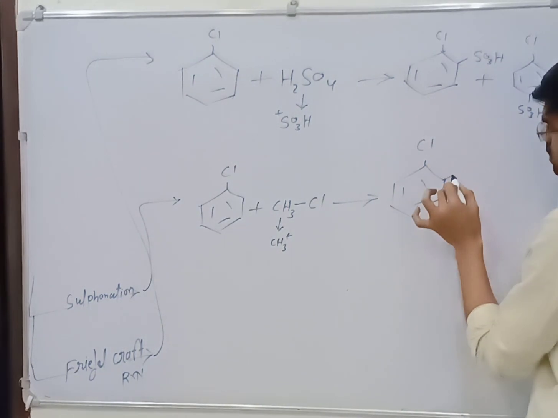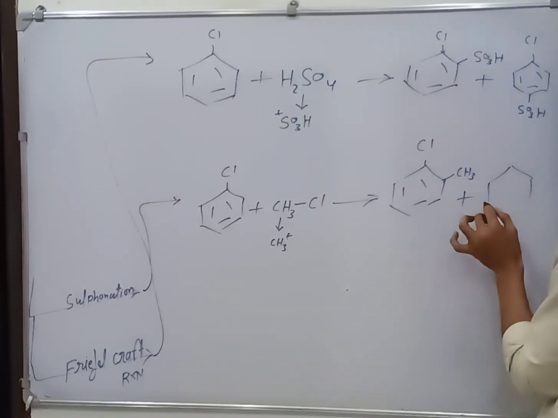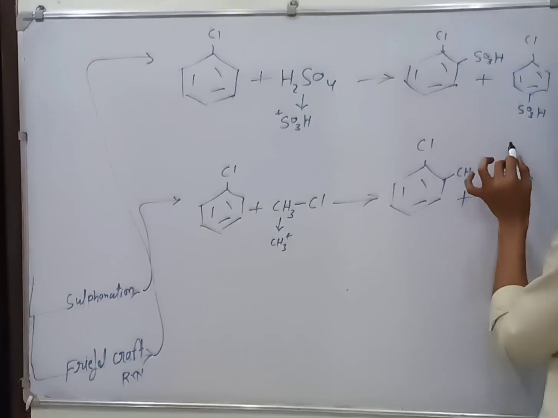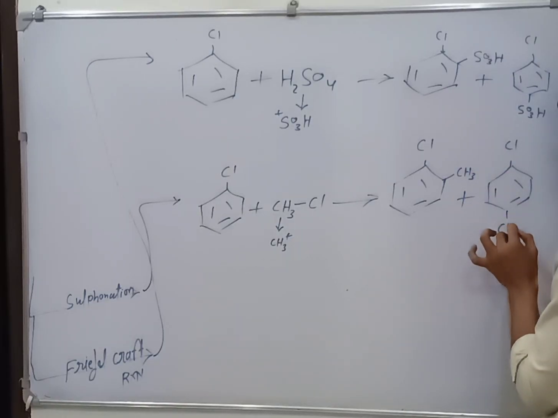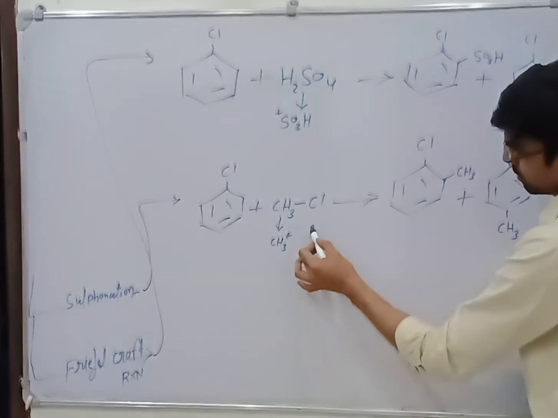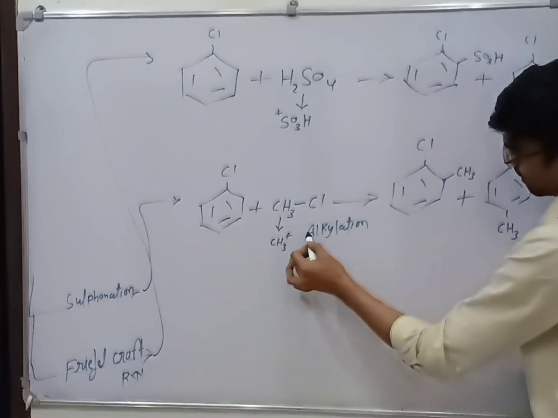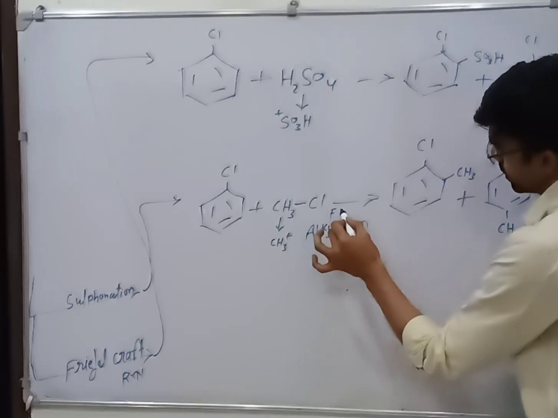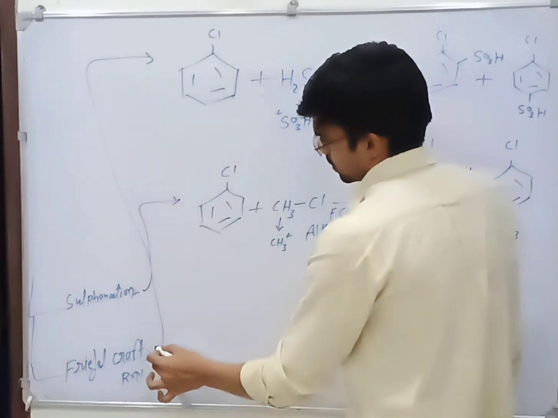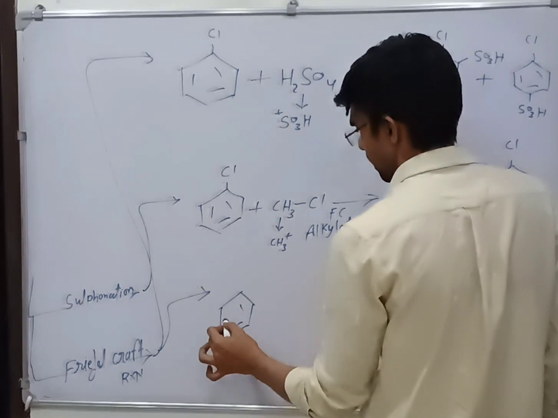This type of reaction is called Friedel-Crafts alkylation, where the alkyl group gets attached in ortho and para position.